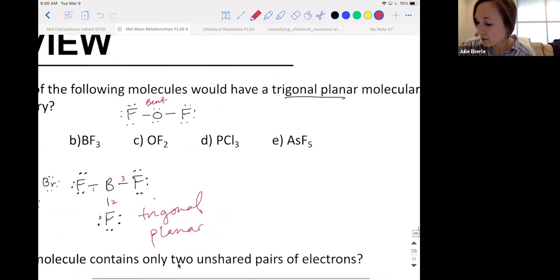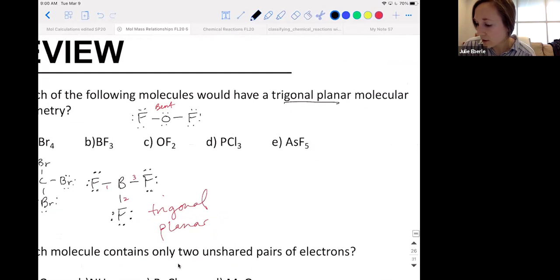PCl3 looks very similar to BF3, but it's not trigonal planar. Why is that? Can anybody tell me why? You should have a lone pair on this phosphorus because it's in main group 5.